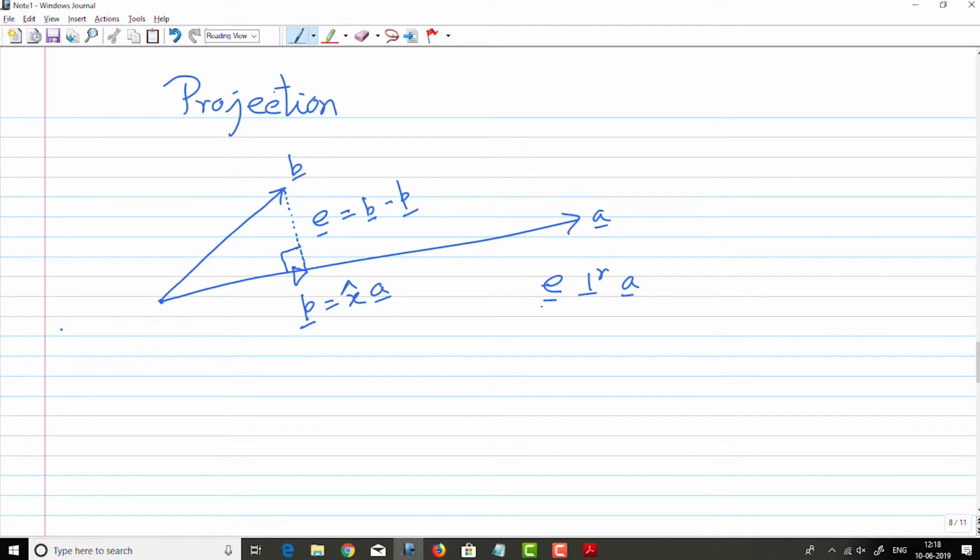So this implies that if we consider B minus P dot A, x cap is not required, so only A will be okay, equal to 0.